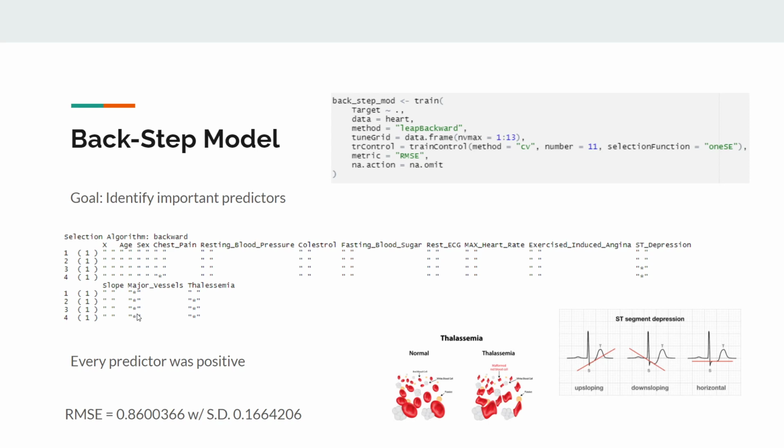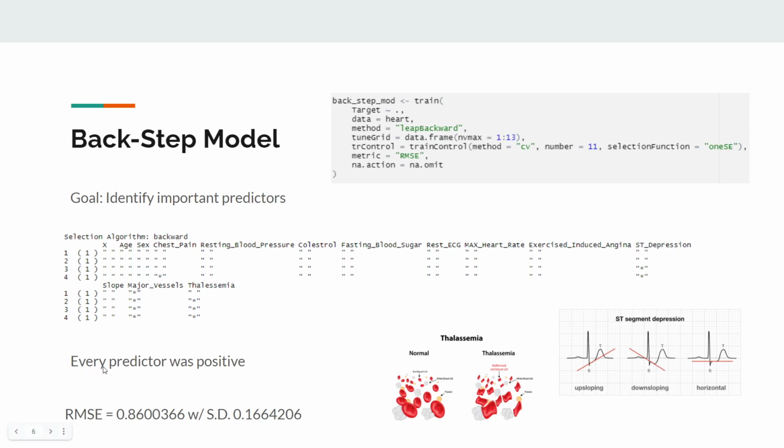Also major vessels, which is the number of major vessels that were colored by a fluoroscopy, and thalassemia, which is a categorical description of the level or the type of thalassemia an individual had, which is a disease that changes your red blood cells, hemoglobin, which affects the amount of oxygen that can pass through your veins.